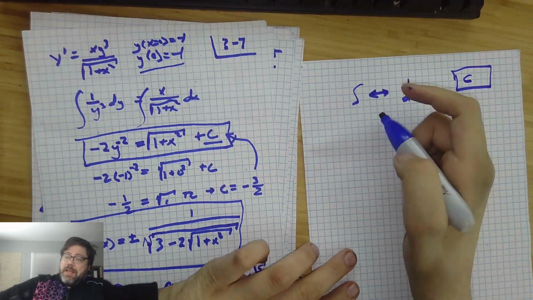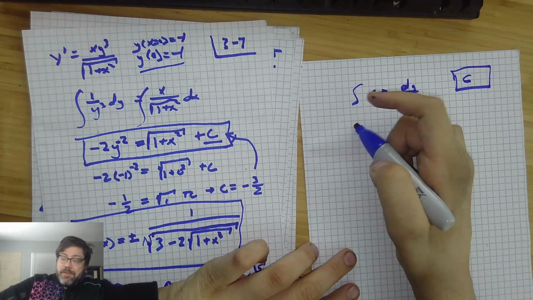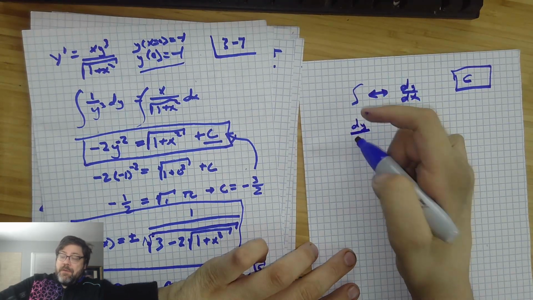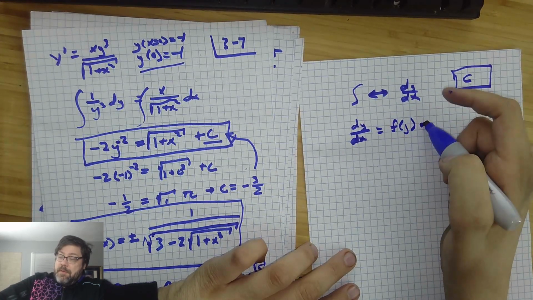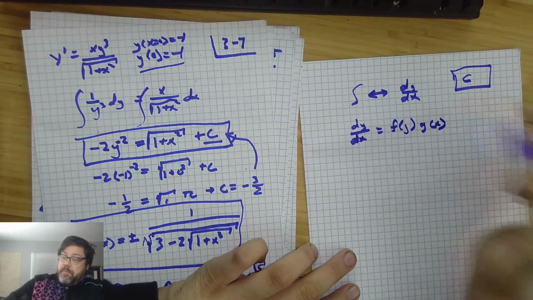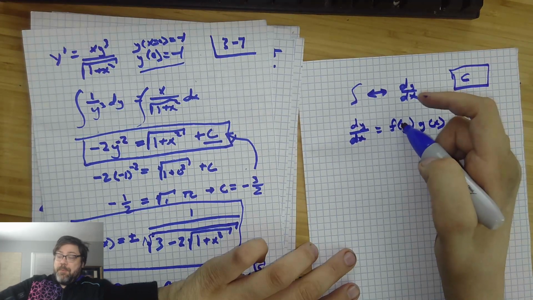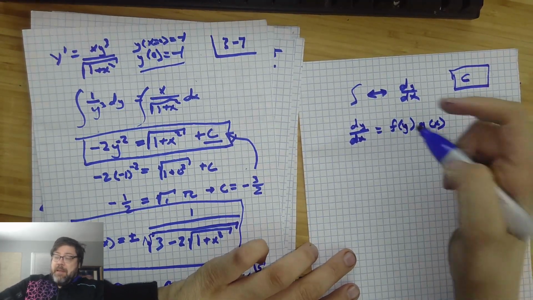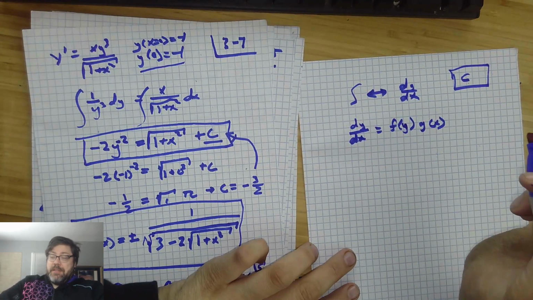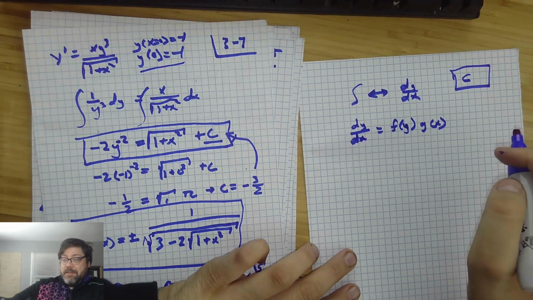We've also learned about separable equations, so that means we know how to solve equations that look like this. Namely, we just separate the y part, or the y function, from the x function and move those to the appropriate sides and do the integrals of both sides.